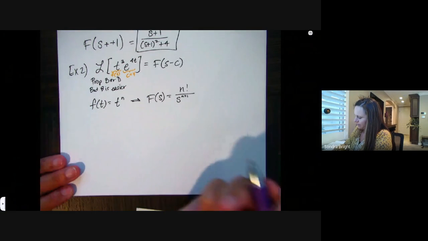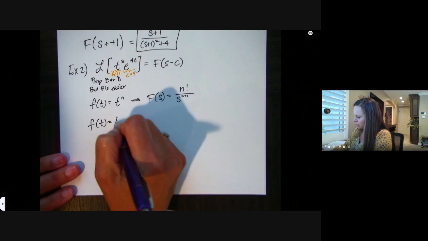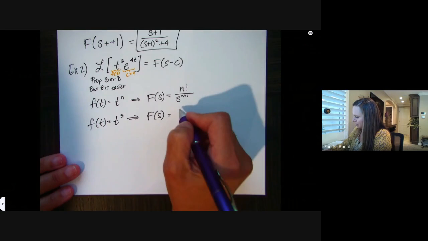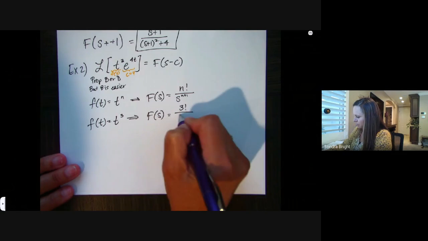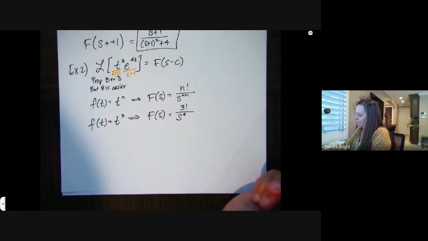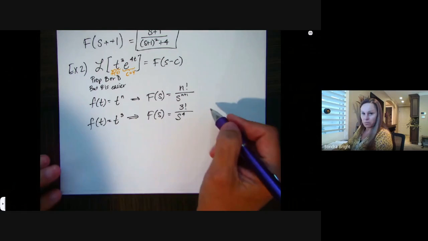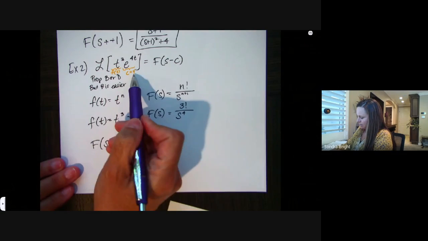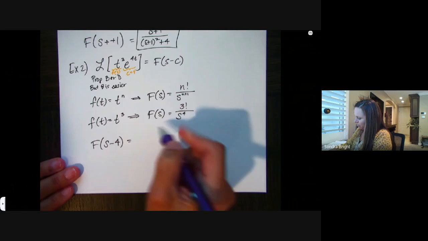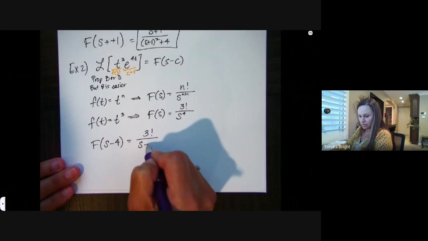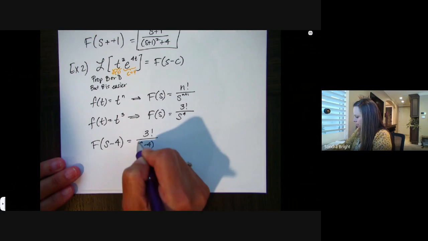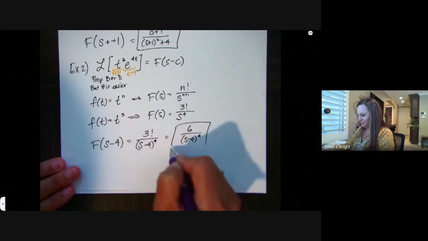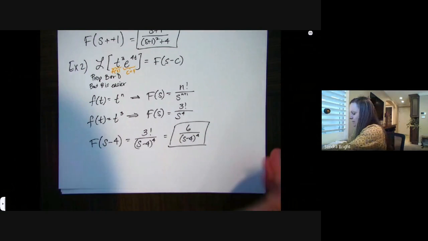So if f of t is t cubed, your n is 3, so 3 factorial over s to the 4th, and 3 factorial is just 6. Now our answer is big F of s minus 4, so it's 3 factorial over s minus 4 to the 4th, which is just 6 over s minus 4 to the 4th. Good. All right, let's do another one.